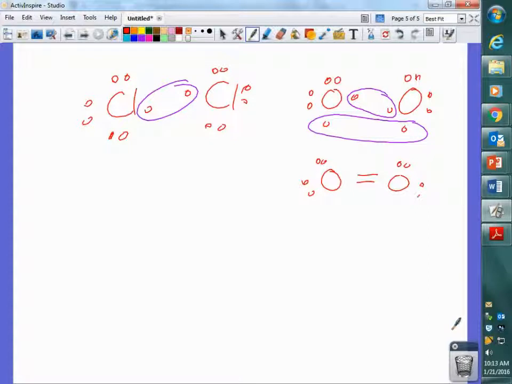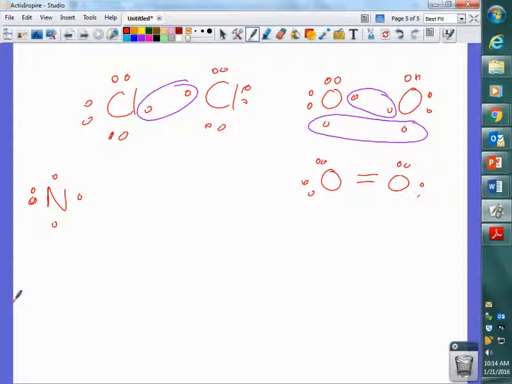So if an element had like 5 valence electrons, could they like share 3 each? So, the other diatomic molecule that was on the list was nitrogen. Find nitrogen on the periodic table. Group 15.